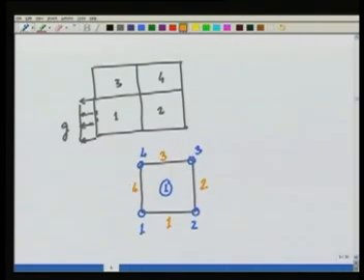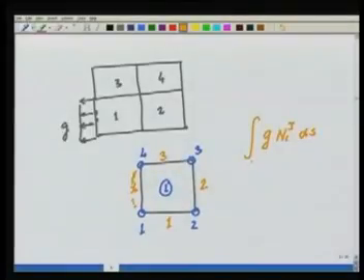What do I see? My edge 4 of element 1 has G specified. So as far as the integral is concerned, remember that I have to integrate G against Ni tau ds on this edge 4, and the ds will be like this. So how do I do it?